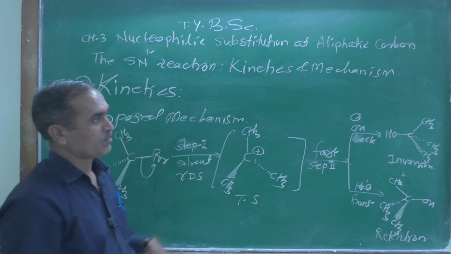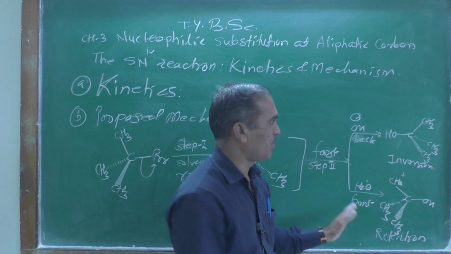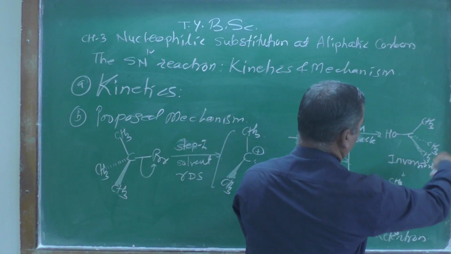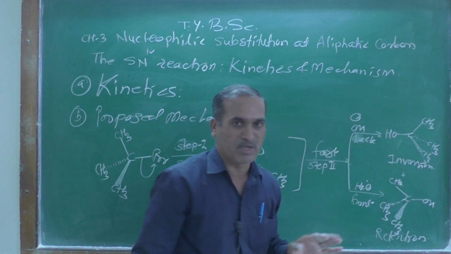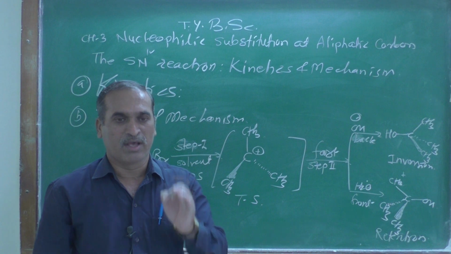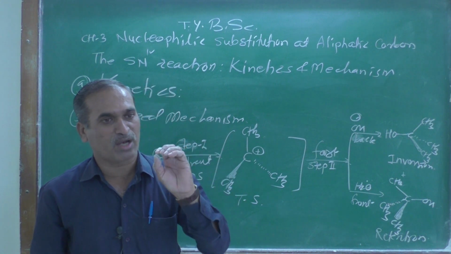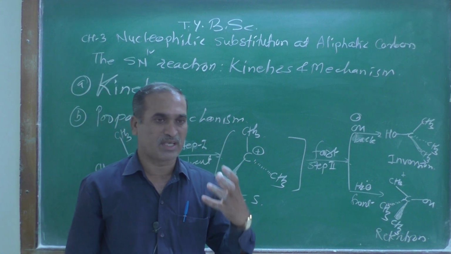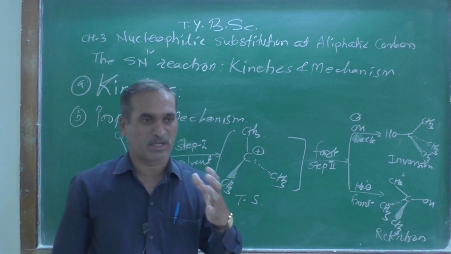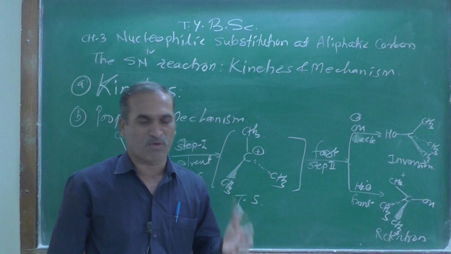So that is there. If you observe these two products carefully, what do you see? If you put a mirror on this side, what do you see over here? They are mirror images of each other, non-superimposable mirror images, and therefore they are called enantiomers. Enantiomers means non-superimposable mirror images of each other.